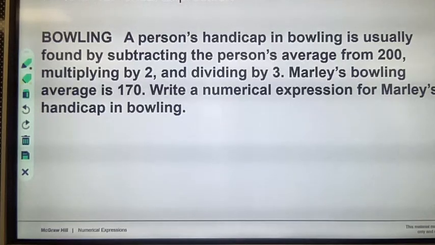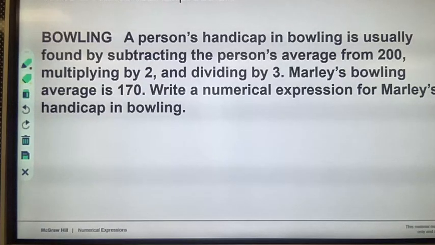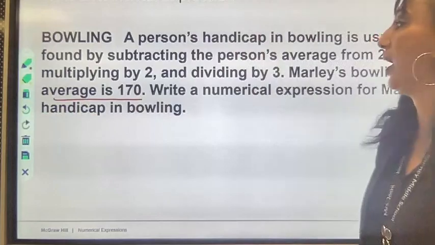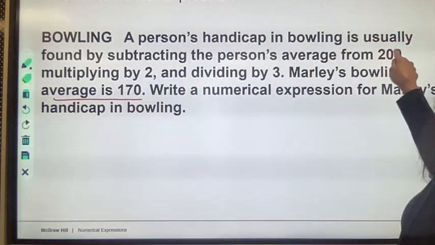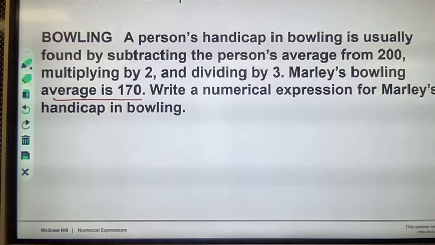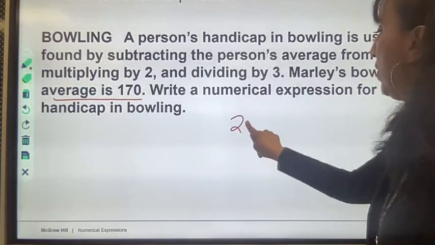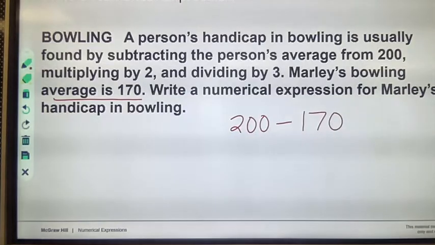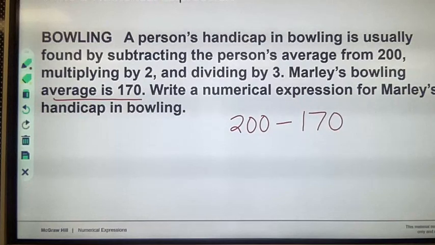Okay? So, if I look at that, the first step to find the handicap is to subtract the average from 200. So, what will be given as the average? Average is this much. And it said subtracting the person's average from 200. So the first step is 200 minus the average, which is 170. Next, we are going to multiply the difference by 2.